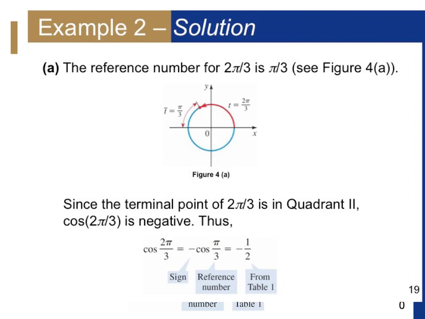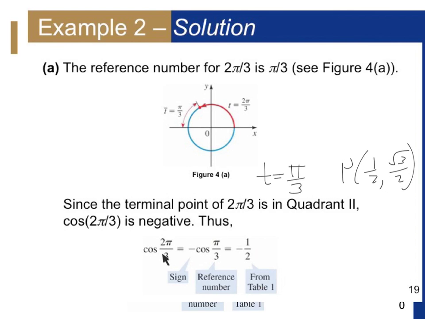Remember, t equals pi over 3 gives us the terminal point (1/2, square root of 3 over 2). We're going to use those numbers, but we have to figure out the sign of them.